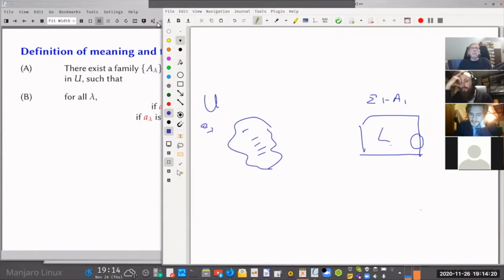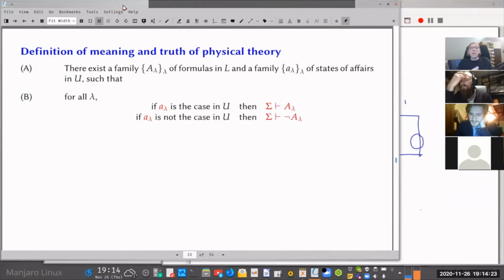In other words, we have a correlation here, a correlation between the state of affairs in U and the state of affairs in the computer, if you want, in the formal system. Okay.